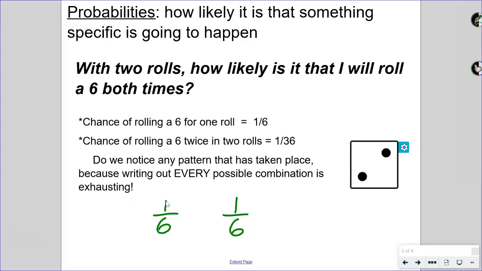But if we now say, okay, what is the likelihood that we're going to roll a 6 twice in a row with 2 rolls? We're actually going to take those probabilities and multiply them by each other. I have a 1 in 6 chance the first time, and a 1 in 6 chance the second time. The likelihood that both of those rolls are going to be 6s is going to end up being 1 out of 36.